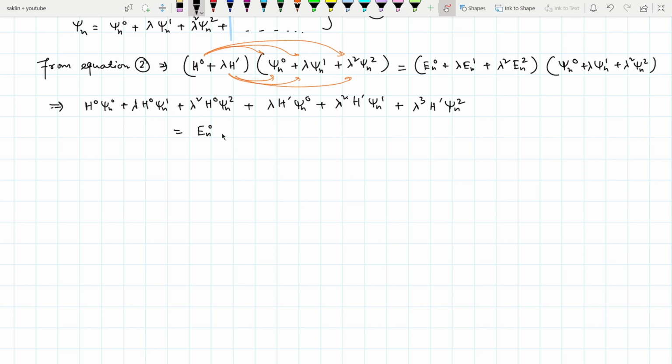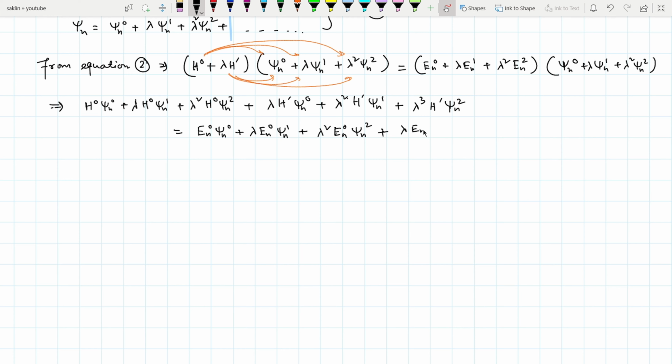Now En0 psi n0, lambda En0 psi n1, lambda square En0 psi n2.